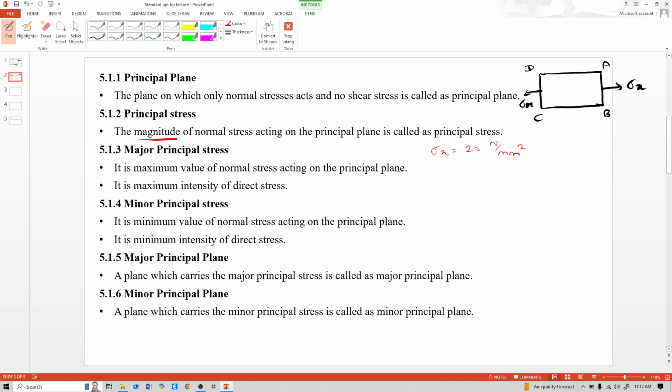Third bullet point is 5.1.3, major principal stress. It is the maximum value of normal stress acting on the principal plane. It is the maximum intensity of direct stress.